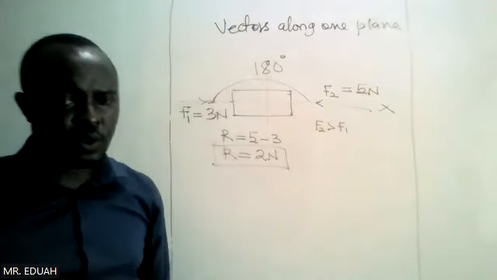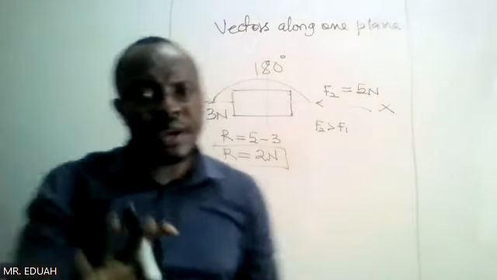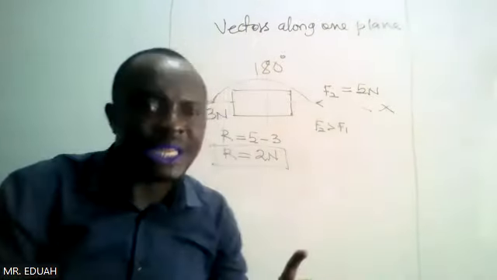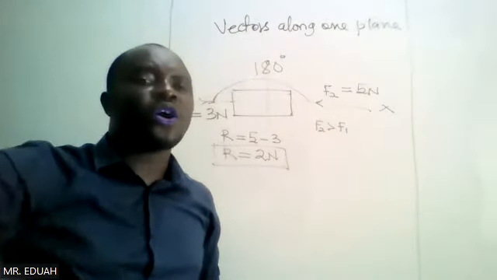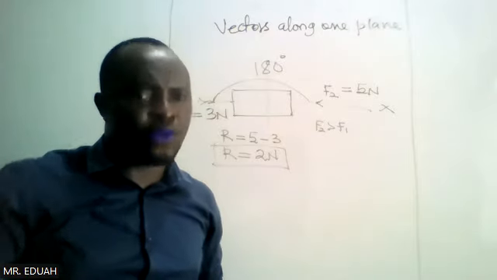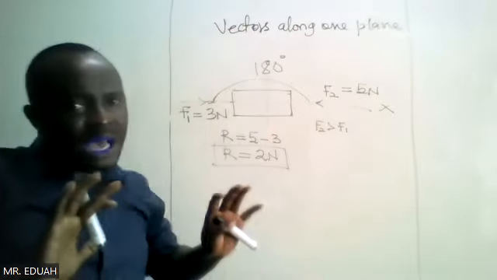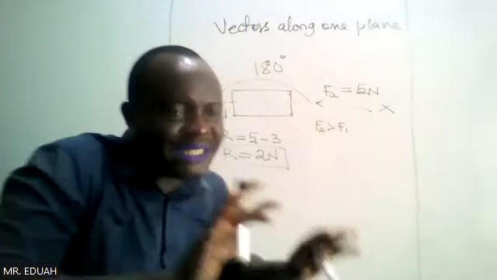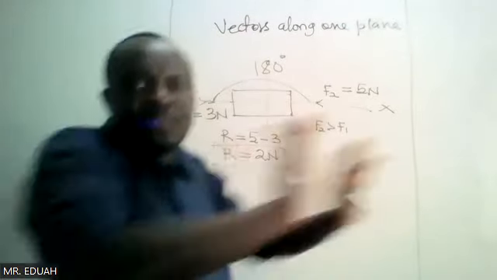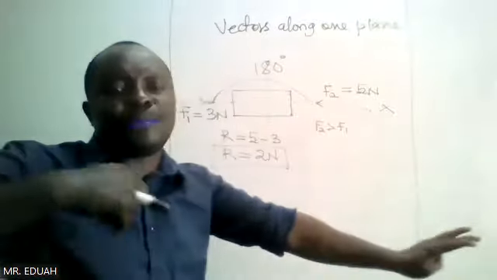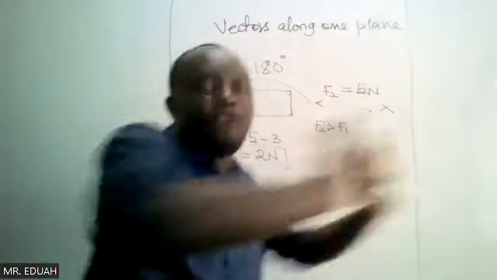The practical application of this is that if there is a box and you push and I push, and I apply a larger force, because the force I apply is greater than yours, I can overcome you, and the body can move in the direction of the larger force. Because I am applying the larger force, the body would move in my direction of push.